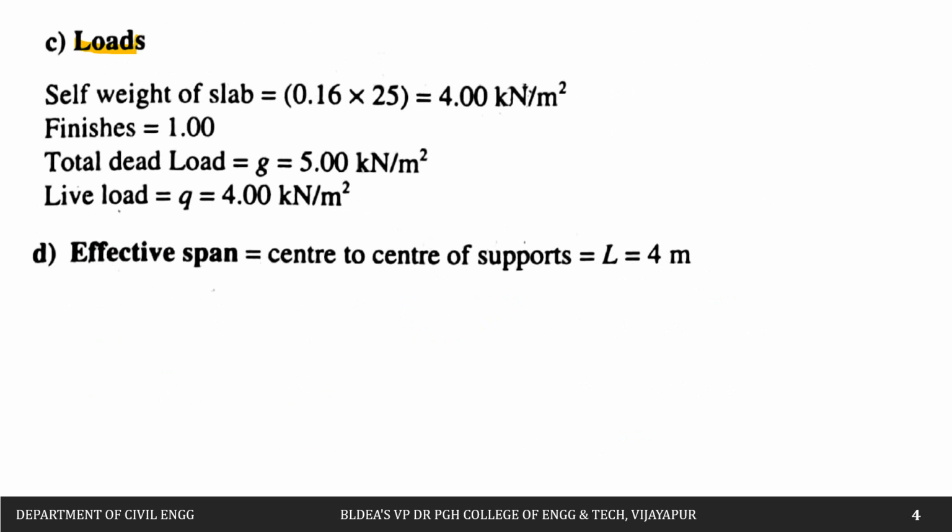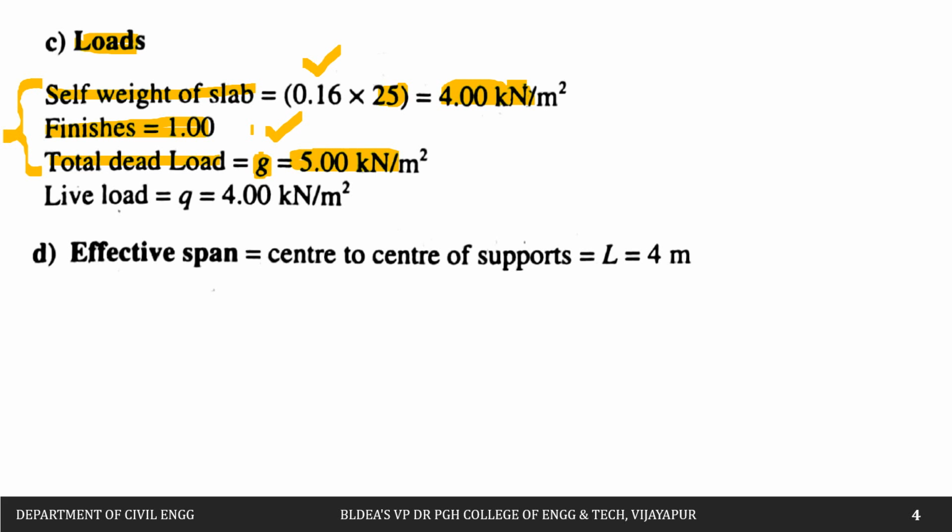Next, let us try to calculate the loads. Self weight of the slab is equal to 0.16, the overall depth, multiplied by the density, that is 25. So we get 4 kN per meter square. Let us assume a floor finish of 1, and therefore the total dead load will be equal to 4 plus 1, that is 5 kN per meter square. We write it as G. Why?